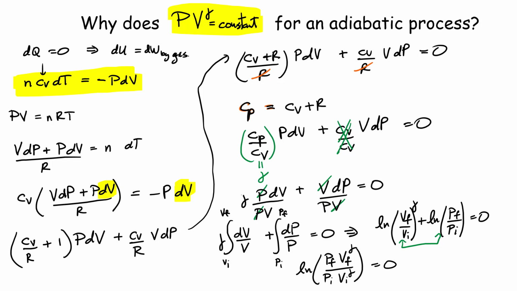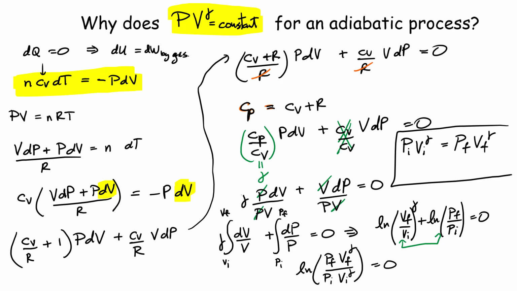The only way this is equal to 0 is if the argument of the natural log is equal to 1. So that means that the initial pressure times initial volume to the gamma, to the gamma rather, not gamma minus 1, is PF VF to the gamma. Well, it's a long video here, bear with me. You can also write this as being equal to some constant. It's constant everywhere along that adiabatic process.